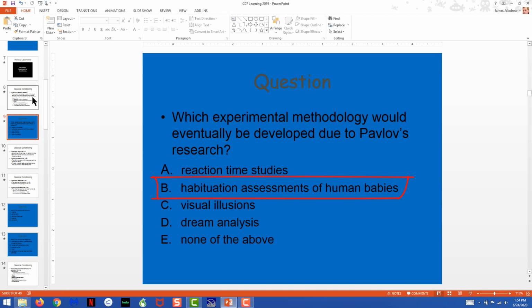And as a result, these basic habituation techniques started to be applied to human babies in the 1960s, and from then, another explosion of research and development took place that was based upon all of these techniques that were originally developed at approximately 1900.